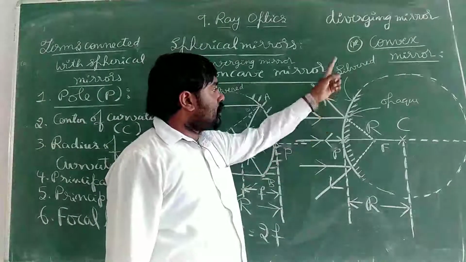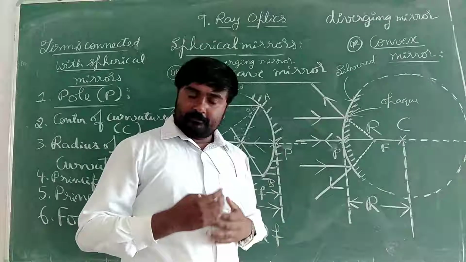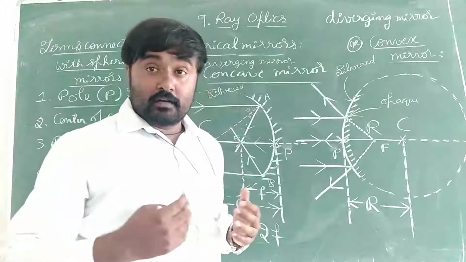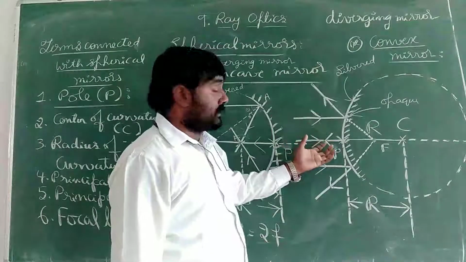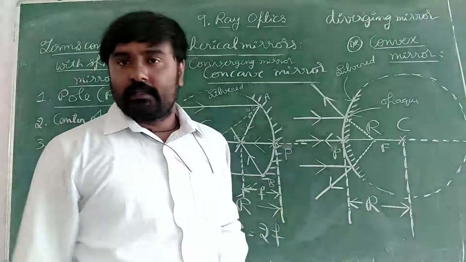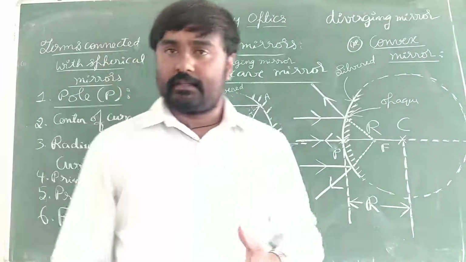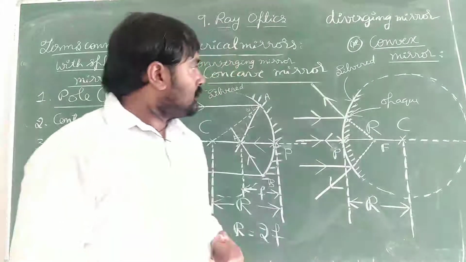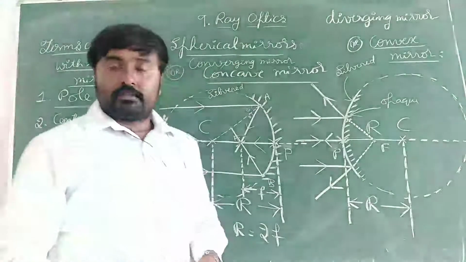Convex mirror means the light gets reflected from outside the surface of a part of a hollow sphere; it is also called diverging mirror because it diverges the parallel beam of light.